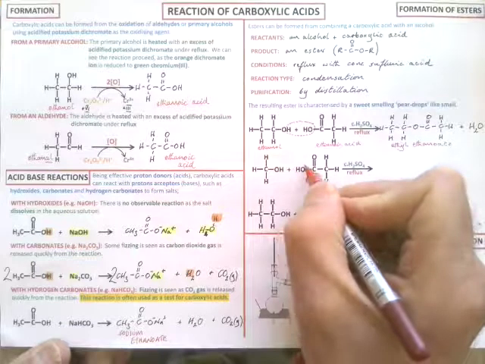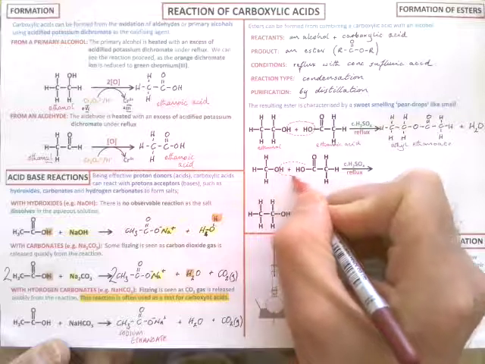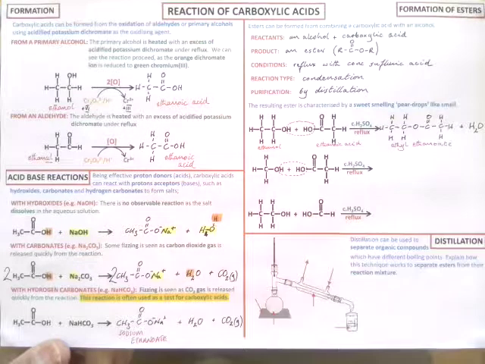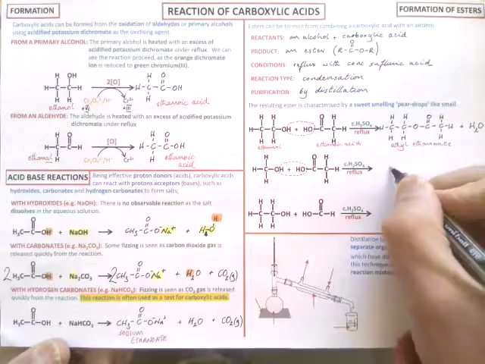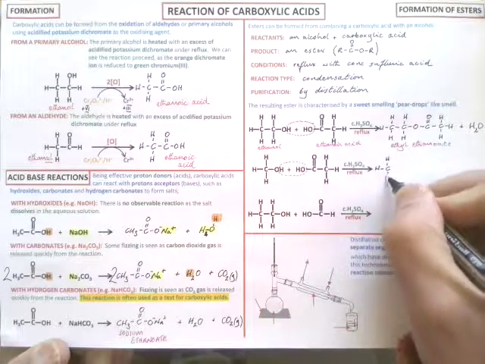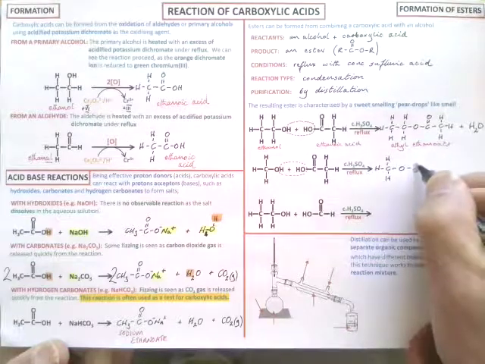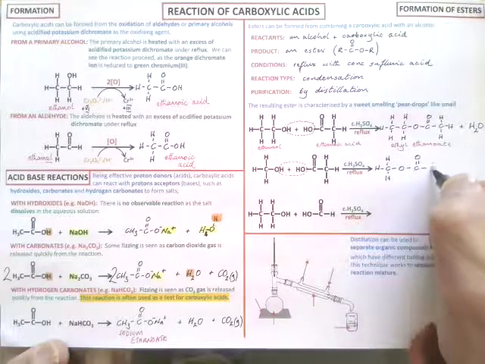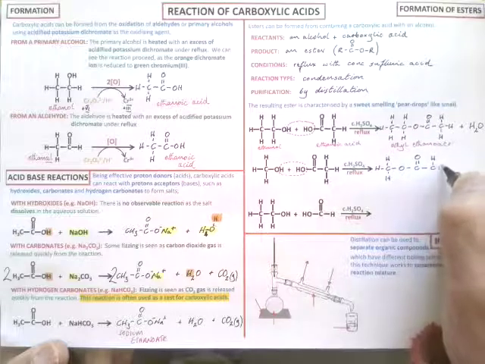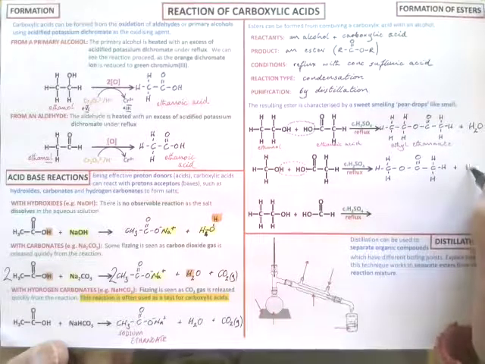So we can do the same for these. Here our alcohol is methanol. You might be guessing what the name of this ester is before I draw it on. So here's the alcohol part of the ester, and here's the acid part of the ester. And again we'll form water here.